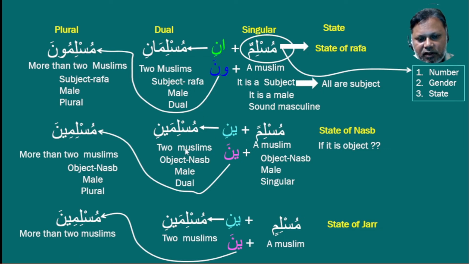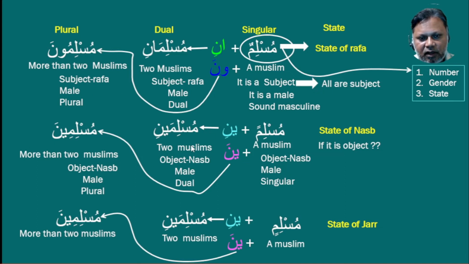That means this word can disclose only two states. In one state the marker is ani, and for the other state, for both nasab and jar, it is Muslimaini. Ini is the marker. For plural it is also the same, two markers: Muslimuna, una, and Muslimina. The states of nasab and jar are the same.